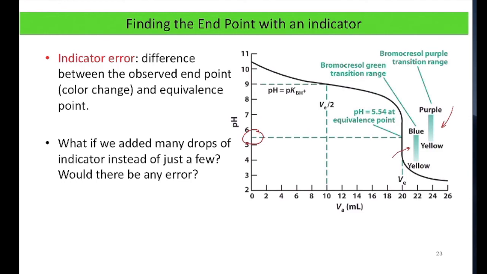If the endpoint of this titration is right here, so that looks like it's about pH 5.5, both of those indicators change color near that region. Okay, so both would be useful, and maybe the bromocresol purple will be a bit better since there's a little bit more overlap with that color change and the equivalence point.